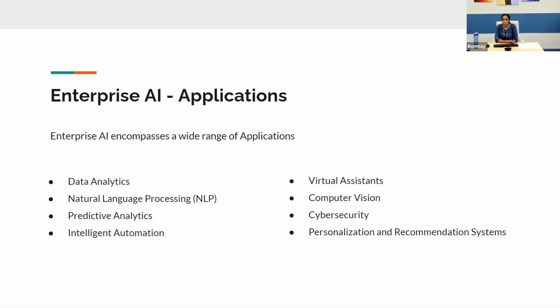And we have the virtual assistants, wherein you have voice assistants. All that can improve the customer experience, and even the employees and the customers can give commands over voice. And then computer vision.